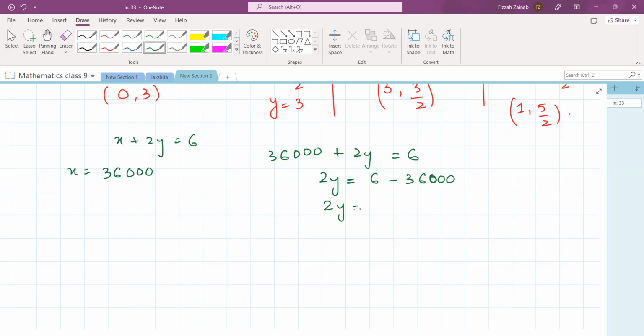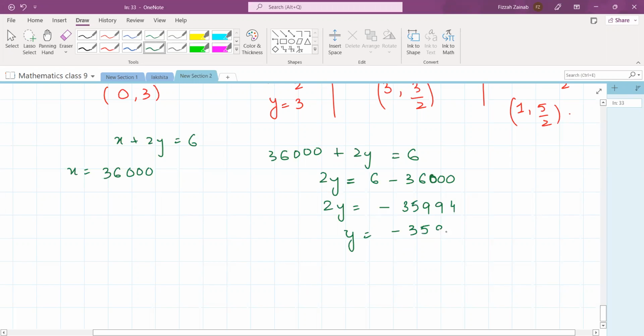So 2y is equal to minus 35994, and then divided by 2.